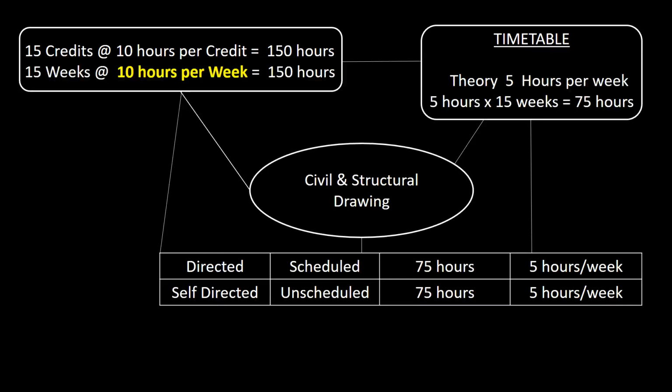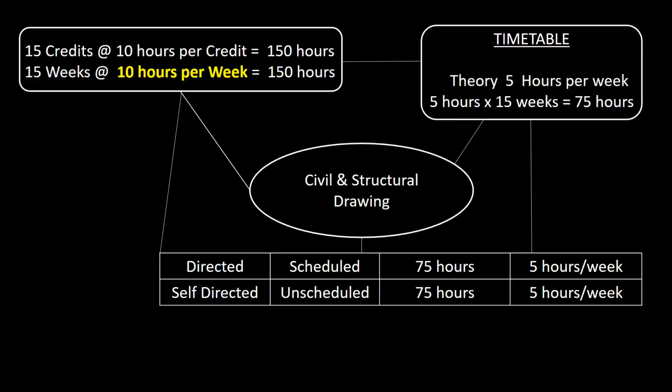So that's our expectation. Now, some of you will need 10 hours per credit. Some might need 15. Some might only need 8. This is just a general rule of thumb guide as to how many hours per credit you need. But that's the workload that I'm giving you, civil and structural drawing.